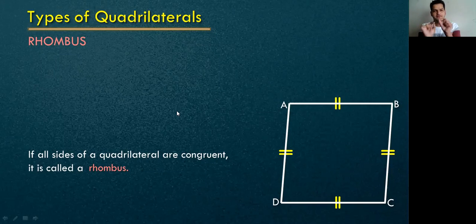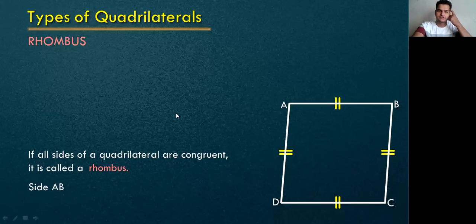Means if length of side AB is 5 centimeters, then length of side BC will also be 5 centimeters, length of side CD will also be 5 centimeters, and length of side AD will also be 5 centimeters. So they all are equal in length and therefore they are congruent to each other. So we can write in statement form that side AB is congruent to side BC is congruent to side DC is congruent to side AD.